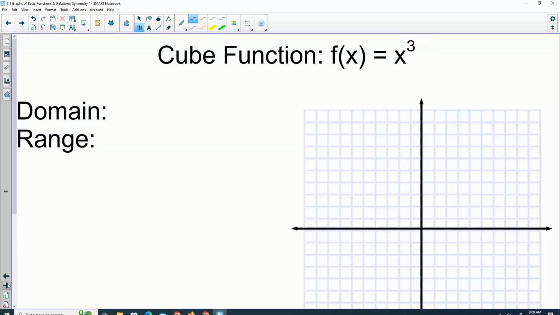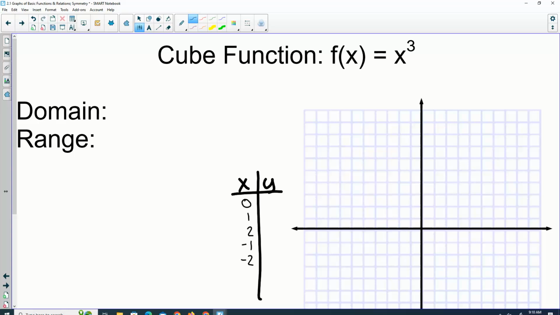So if I want to get exact points, what do we do? Your t-chart. Again, once you get more comfortable with it, you don't necessarily have to write out the t-chart, but that's what you're thinking in your head. So we're going to put in some points, some positives, some negatives, and 0. And I'm putting them into my equation, x cubed.